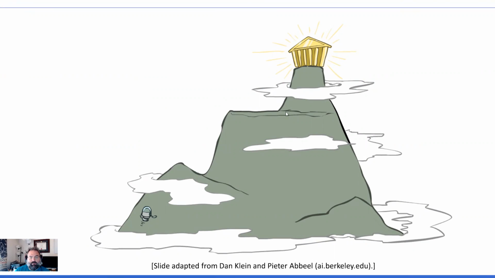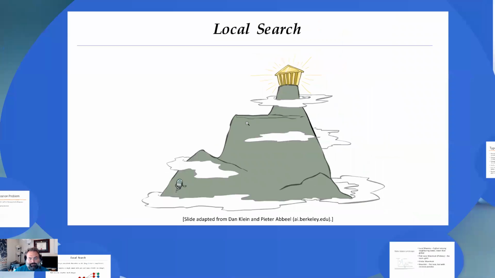The same thing can happen up here. This is called a shoulder. He gets up to this point and thinks, well, this is the same as where I'm at, so I'm just going to stay where I'm at because this is obviously the best place. But the reality is, he needs to keep going until he finds something that's even better.